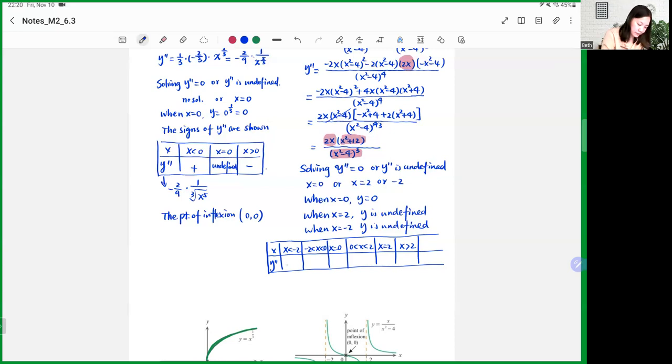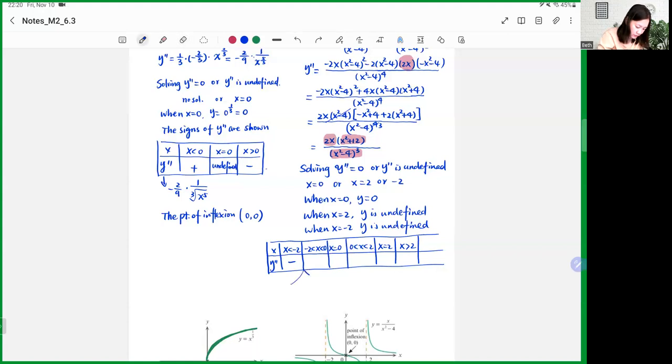So I have negative. I think I forgot one thing. How about x equals negative 2? Sorry, I missed out one.